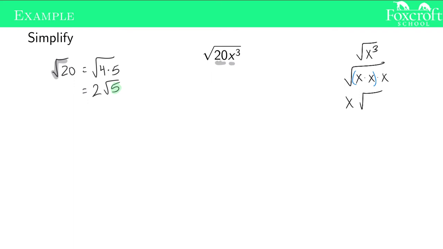And this 1 doesn't have a pair with it, so it just gets left in the square root. So when I put all this together, the stuff outside the square root is this 2 from the number part and this x from the variable part. And inside the square root, we have the 5 from the number part and the x left over from the variable part. So the simplified version of this is 2x times the square root of 5x.